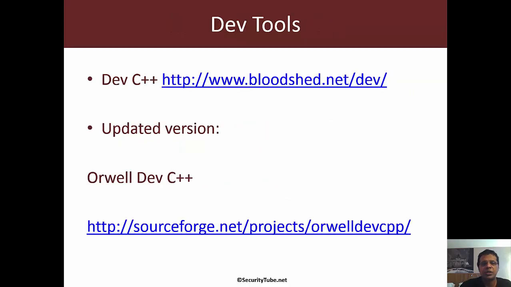Now, in order to do this, we would require a couple of development tools installed in our VM. I would have gone with Dev-C++, but unfortunately the project seems to be a bit dead, and the updated version of it is really the Orwell Dev-C++, which is available in this link. Please download the Orwell Dev-C++ and install it inside one of your Windows VMs.